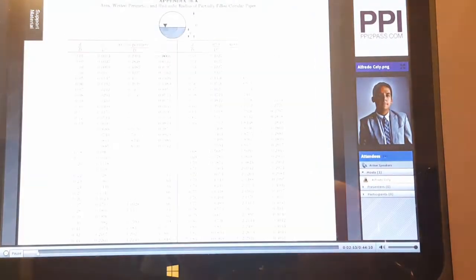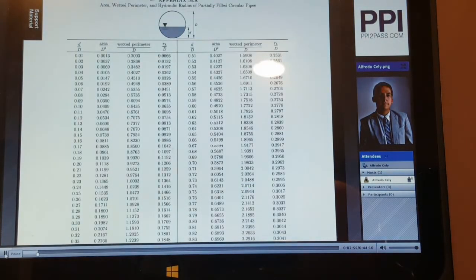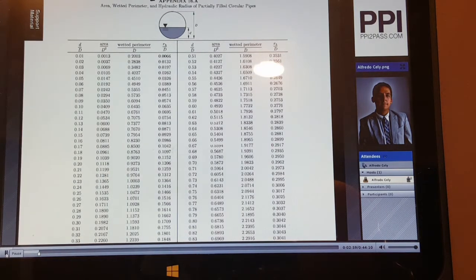Here we see Appendix 16A from SERM. As you can see here, you can calculate the wetted perimeter and the hydraulic radius based on different ratios between the depth of the flow in a circular pipe and the diameter of the pipe.